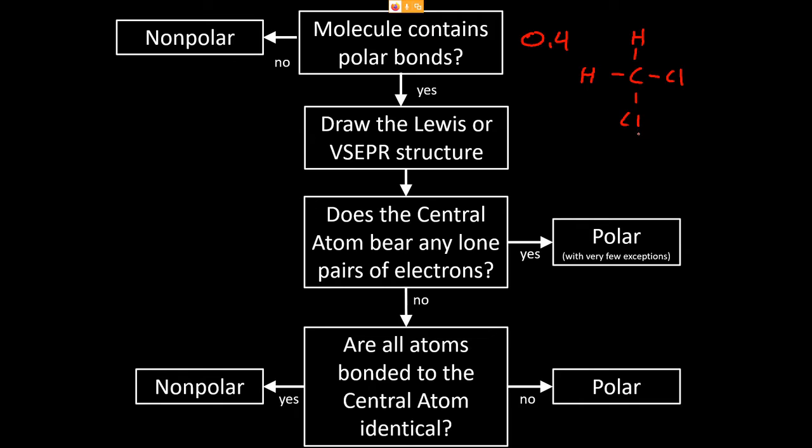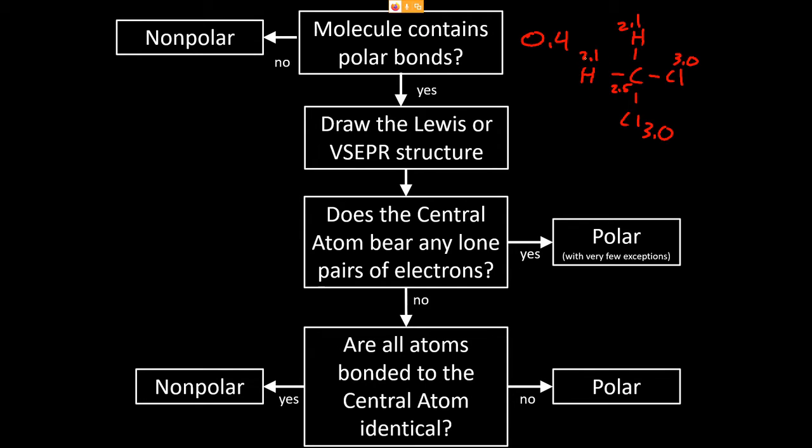If you look at the electronegativities on that table, chlorine is 3, carbon is 2.5, and hydrogen is 2.1. Like I said, you can find those on a table in the book.